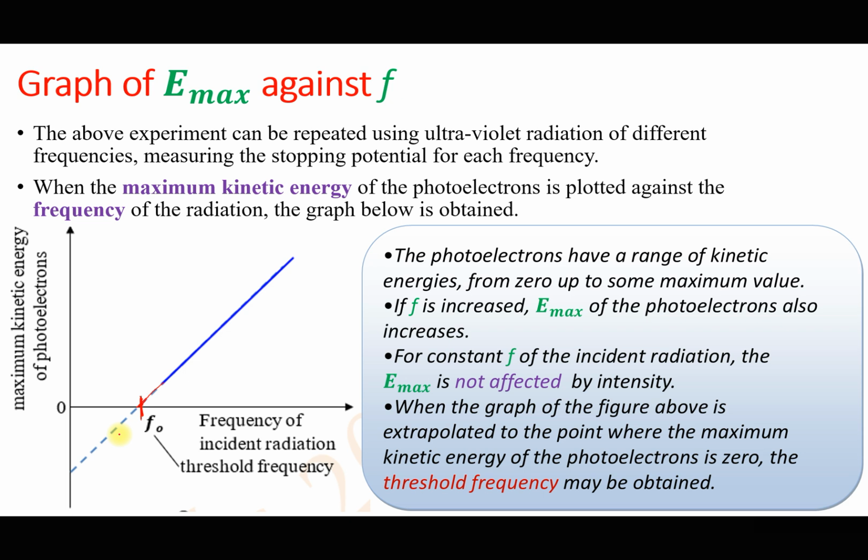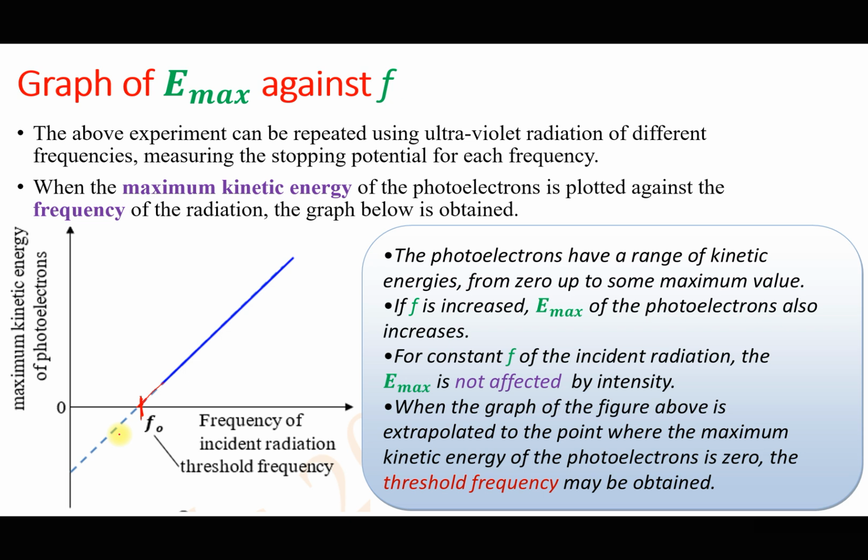So we are saying that the frequency of electromagnetic radiation affects the maximum kinetic energy of the electrons, but the intensity does not affect the maximum kinetic energy of the electrons, neither does it affect the stopping potential. The intensity just affects the rate at which electrons are being emitted from the metal surface.